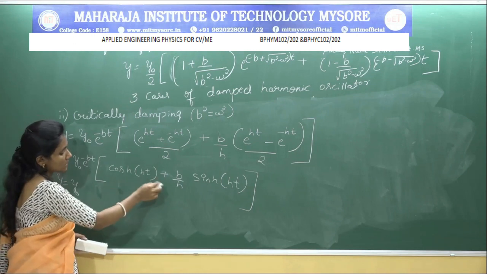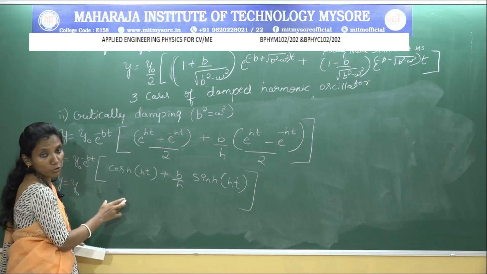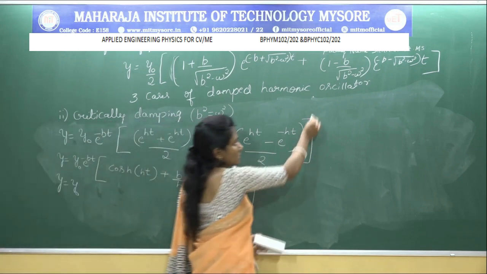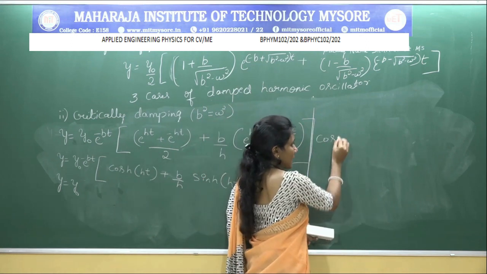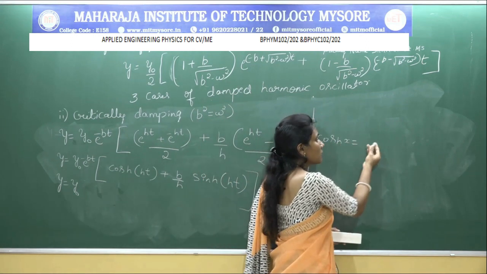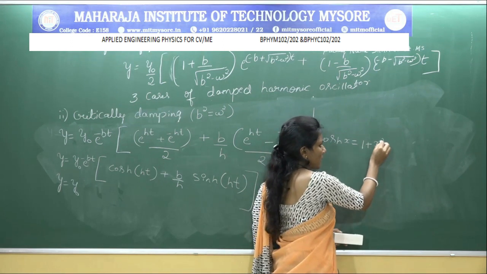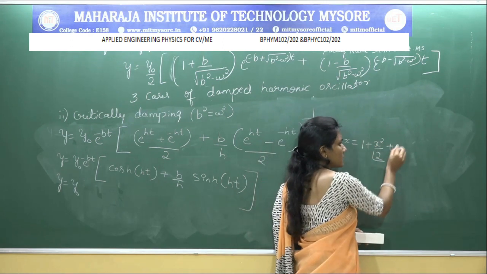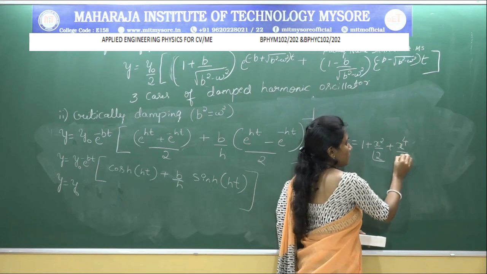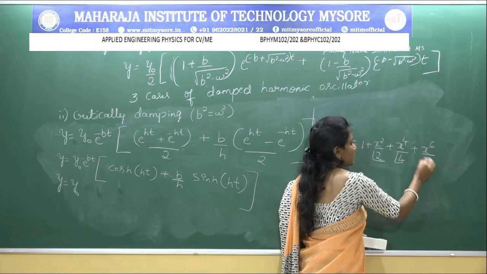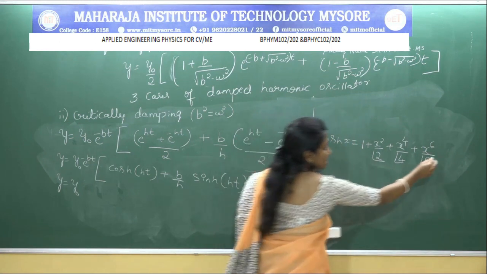Next, write these two terms in the form of expansions. Expand cos hyperbolic x. We know that cos hyperbolic x is equal to 1 plus x square by 2 factorial plus x to the power of 4 by 4 factorial plus x to the power of 6 by 6 factorial.